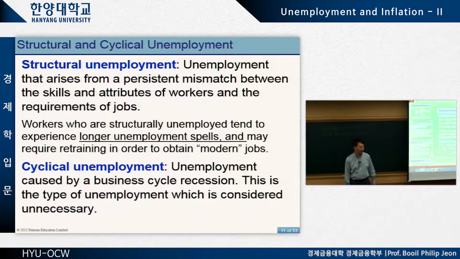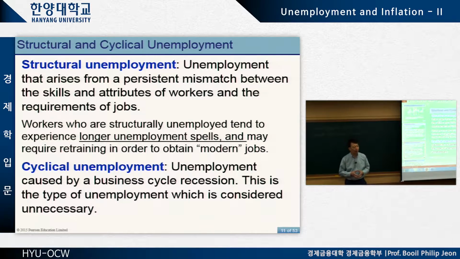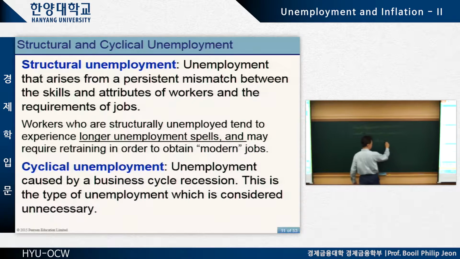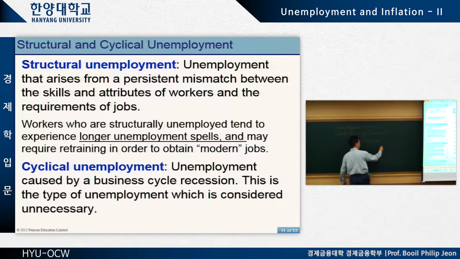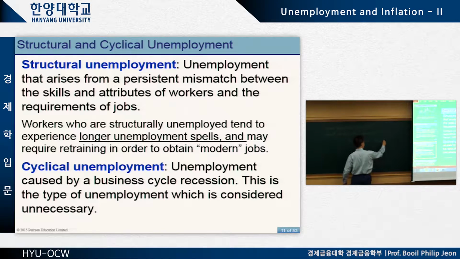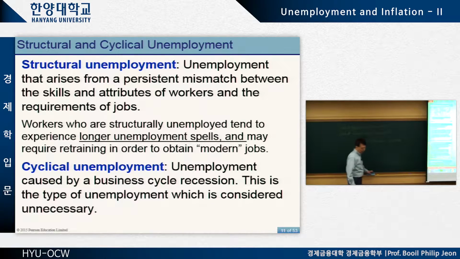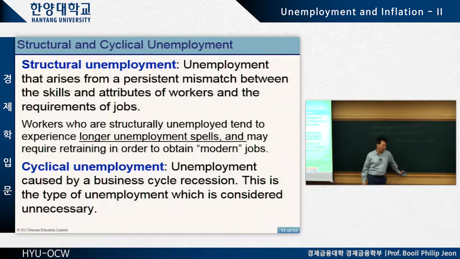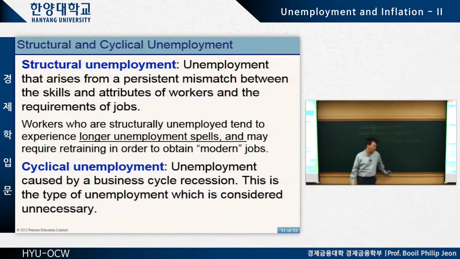It is mostly related to skills becoming obsolete because of technological advancement. When new technology is used in an industry, the workers have to adapt to the new technology. They have to acquire new skills.